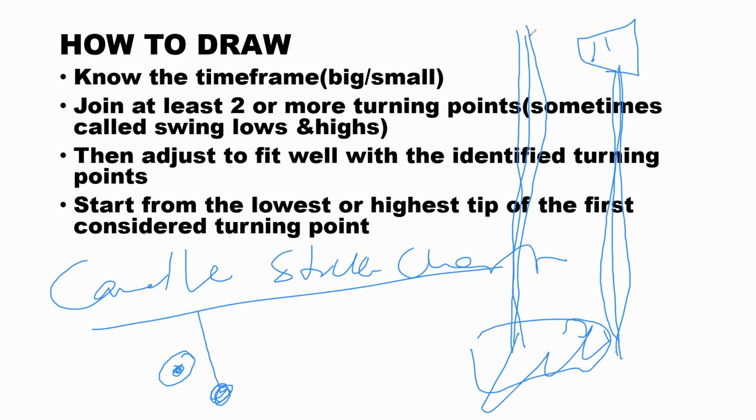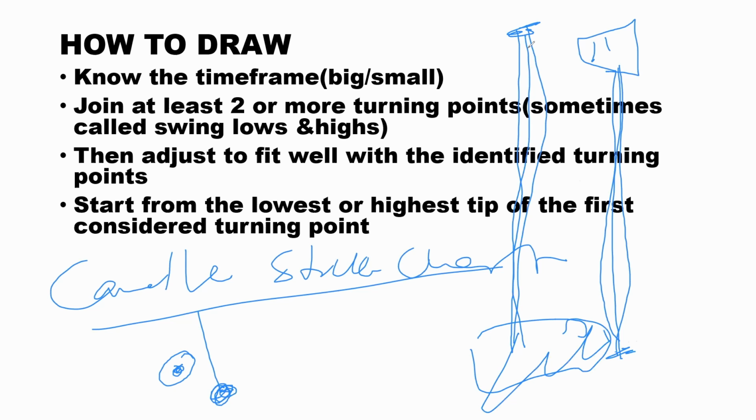Sometimes the tail is so long that it will make you inaccurate, but we're going to look at all those scenarios on the chart. We have to start with either the lowest or the highest wick, from the first point that you've chosen, right?